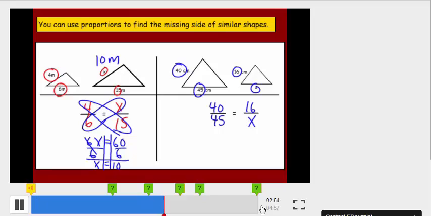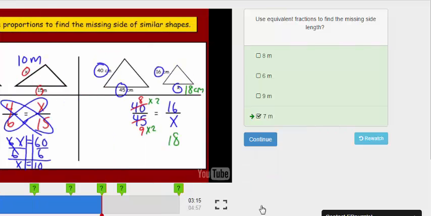Now remember, on a proportion, you can simplify a fraction. So if I divide each of these by 5, I would get 8 over 9. And that makes it real easy to solve. 8 times what is 16? 8 times 2. So I do 9 times 2. That means our missing side would be 18 centimeters.